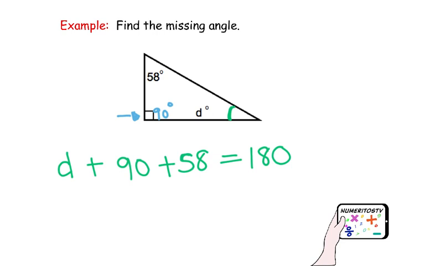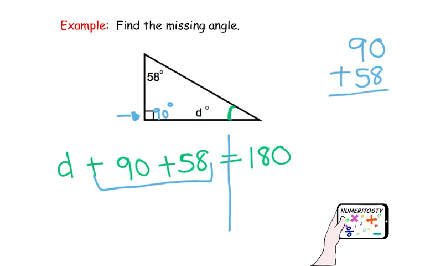So again, solving this equation, I can simplify this side of the equation. I can add those two numbers, 90 plus 58. I can do the addition here by the side. 0 plus 8 is 8, 9 plus 5 is 14, so 148. So I have D plus 148 equals 180. I need to solve for D. Isolate the variable D. So I am going to use inverse operations.